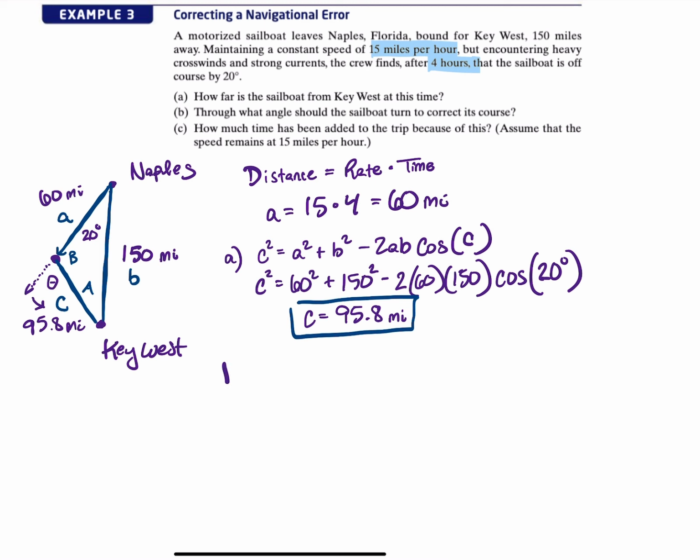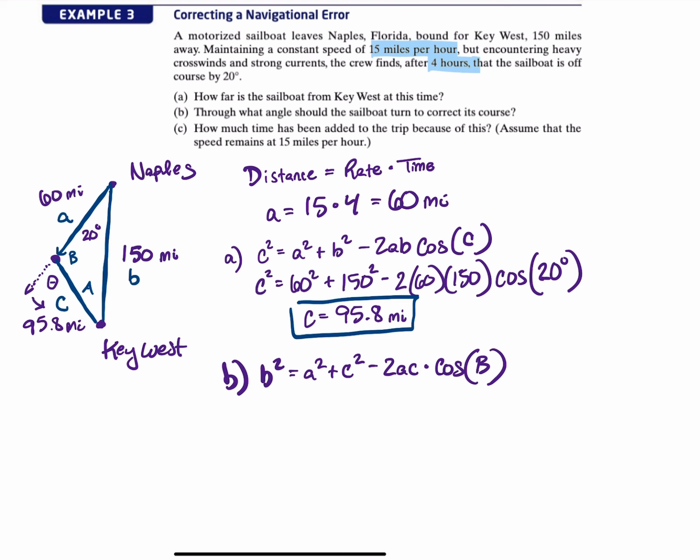So let's start off by finding that angle B in our triangle. Let's use the version of the law of cosines: b squared equals a squared plus c squared minus 2ac times the cosine of this angle B, and that's what we want to solve for.